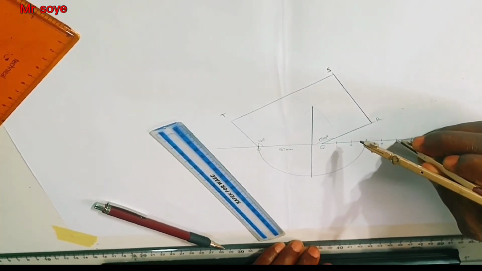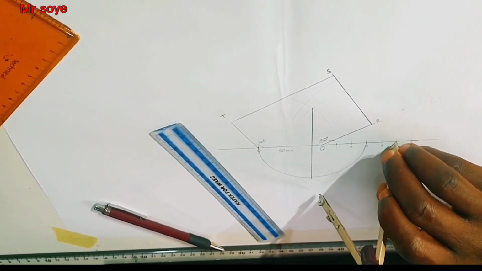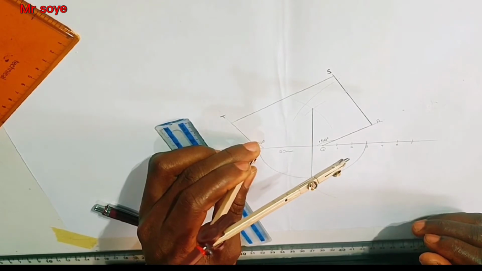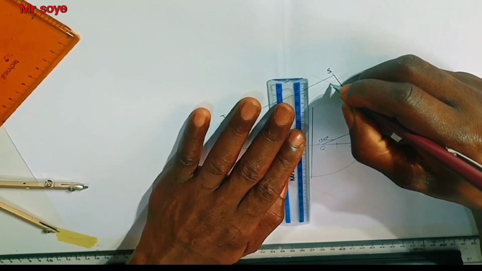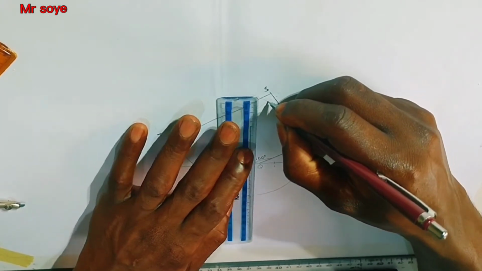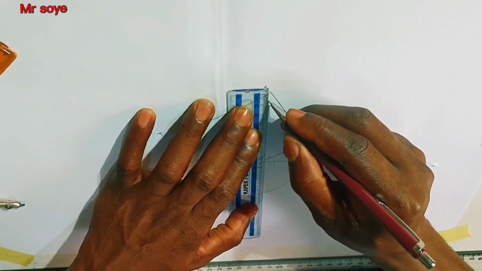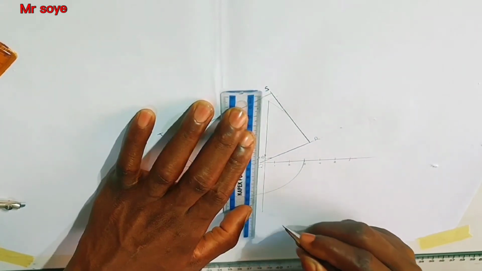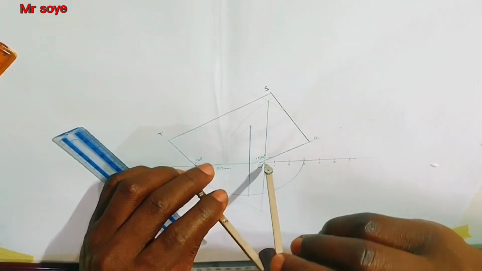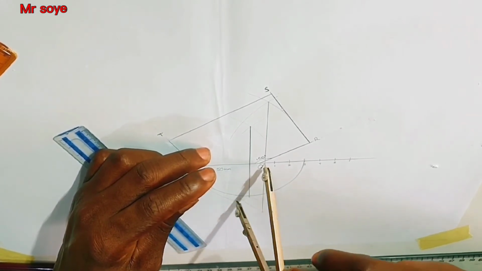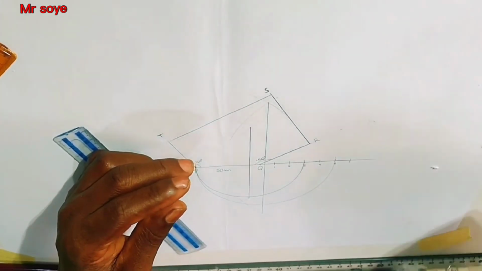So you bisect P to 5. So the center of P5 is to draw your semicircle.